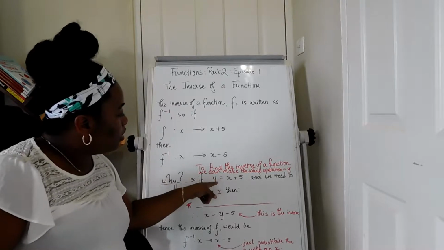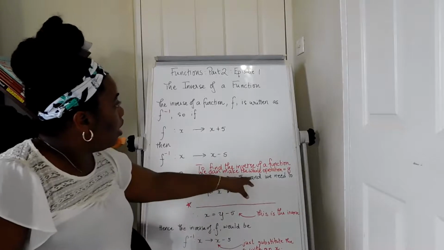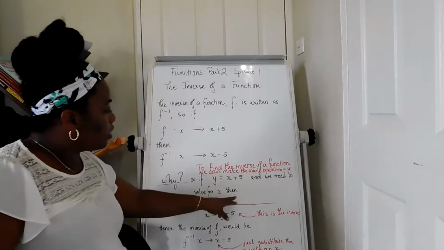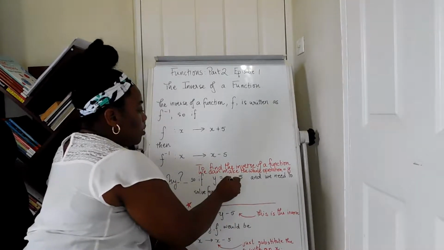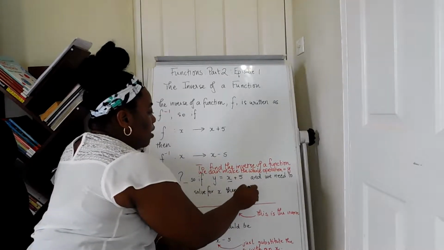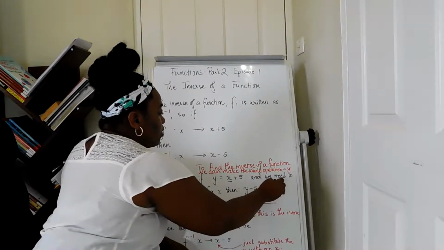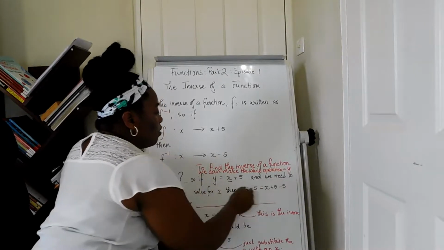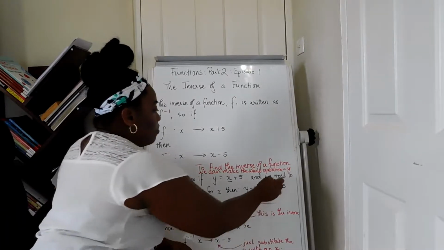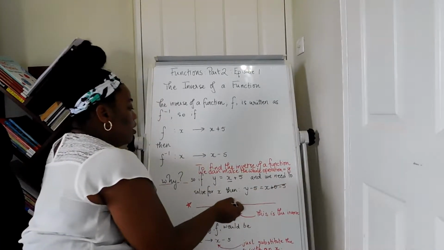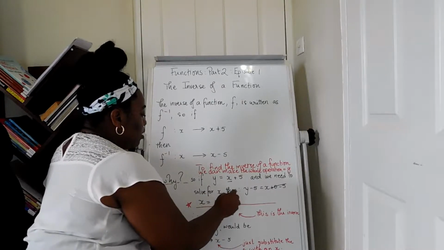If y is equal to x plus 5, and we need to solve for x, because we're making x the subject of the formula, we're going to say y minus 5 is equal to x plus 5 minus 5. We want to get rid of the 5 to have just x, because we're solving for x. So cancel, and we're left with x is equal to y minus 5.